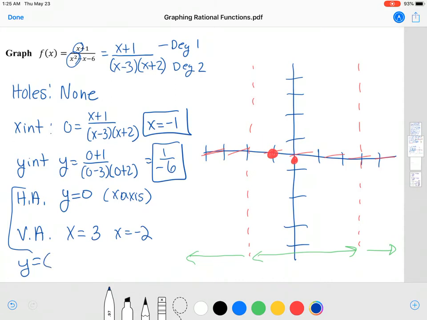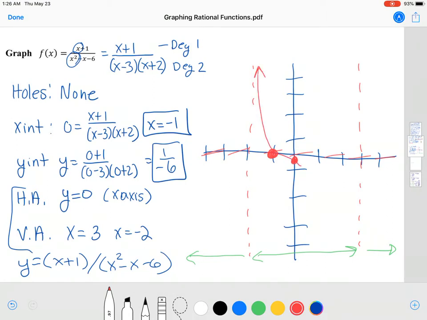So make sure when you put it in the calculator, it looks like this. In parentheses, x plus 1, then your division symbol, and then x squared minus x minus 6. When you do that, you're going to find that you have a picture that looks like this.